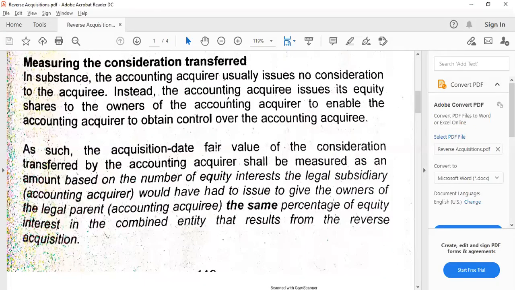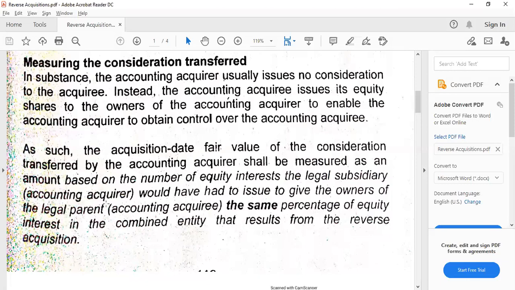And if we analyze this further, we would know that the accounting acquirer, or again the accounting parent and the legal subsidiary and legal acquiree at the same time, would be the private entity, because it has the initiation, it has the intention of acquiring.